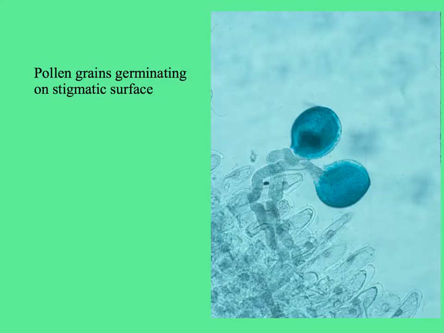Here's a photo taken under a compound microscope of 2 pollen grains germinating on the papillate surface of the stigma. These things are stigmatic papillae that may be exuding some liquid to help the pollen germinate. And here are the pollen tubes from these 2 pollen grains.